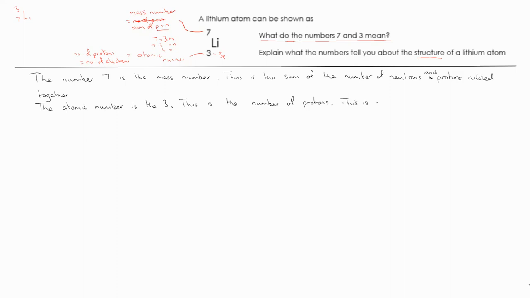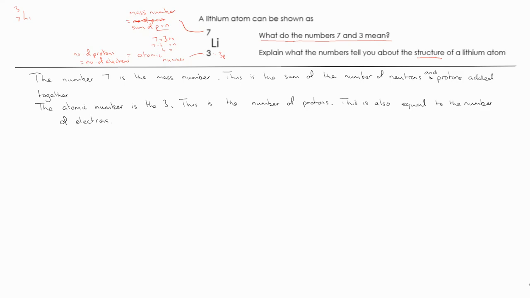This is also equal to the number of electrons. Now it's important that we don't say the atomic number is 3, it's the number of protons and electrons, because that makes it sound like you're adding them together, and it's not. It's the number of protons, which is the same as the number of electrons.